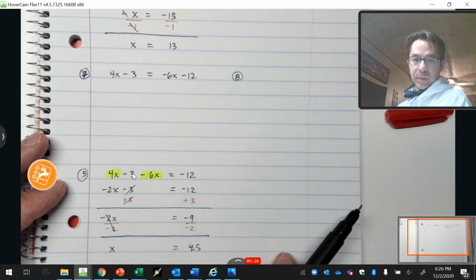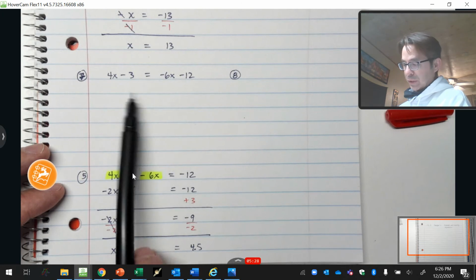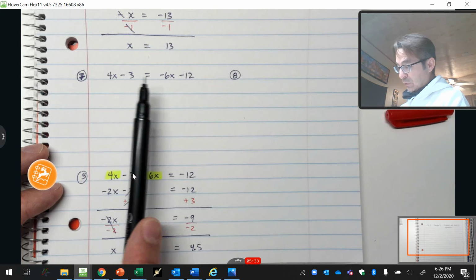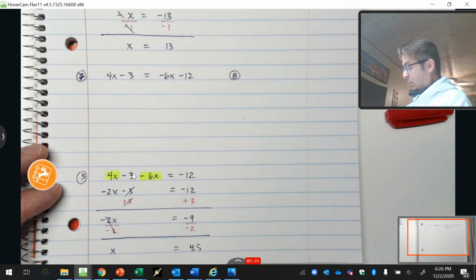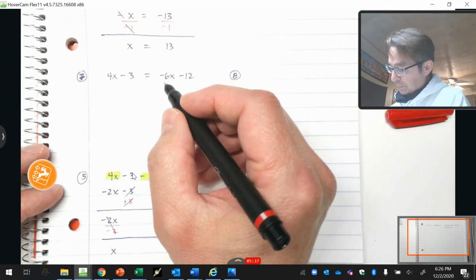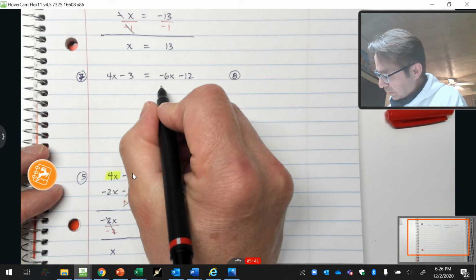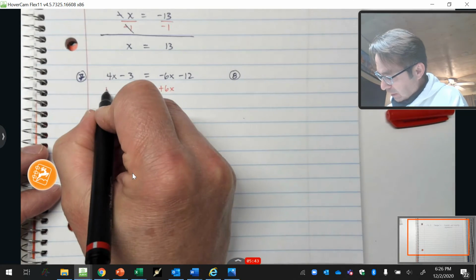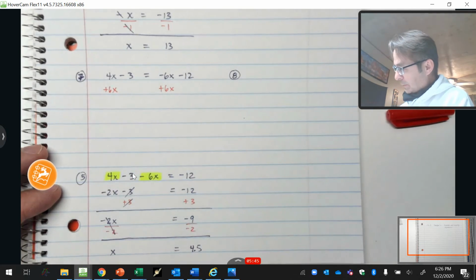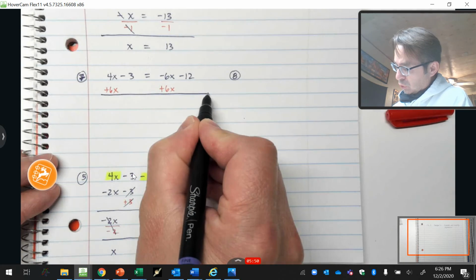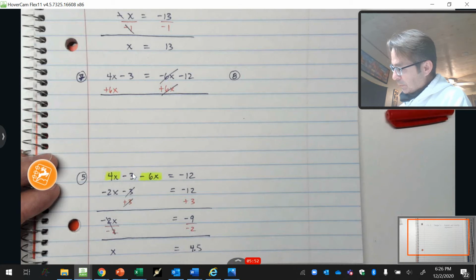And so notice how in this one, the 4x and the minus 6x are on different sides of the equal sign. In that situation, you want your variables to be on the left side always, so I'm going to add 6x, add 6x, and that cancels.